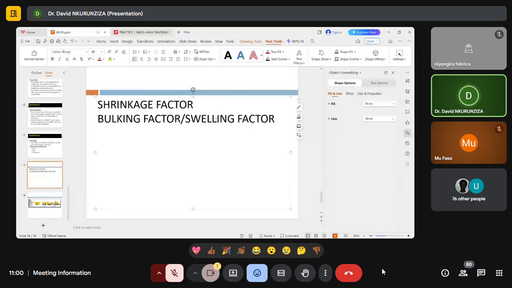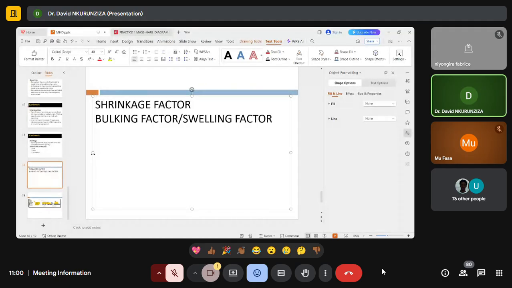Then the bulking factor, or the swelling factor, is the behavior of the materials, and this is specifically applied to the excavation. You understand? Because when you excavate, the materials may swell, may become too much, or may shrink.